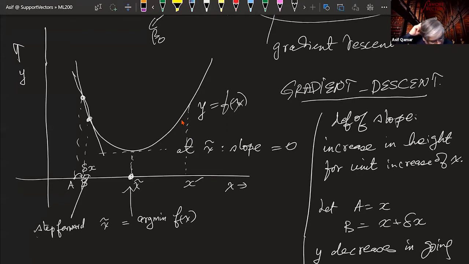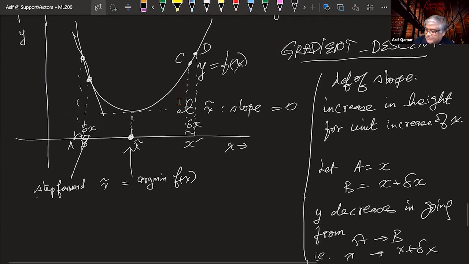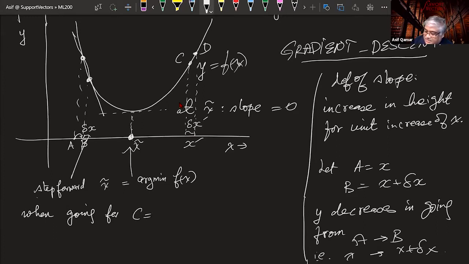At x prime, if I go a unit distance, delta x, forward, I go from C, which is x prime, to D, which is x prime plus delta x, right?